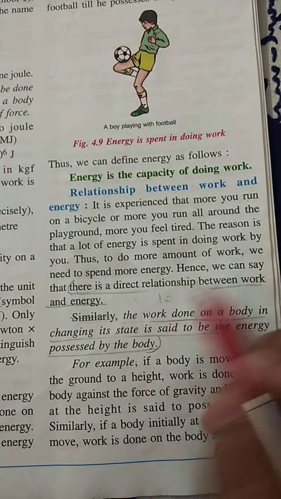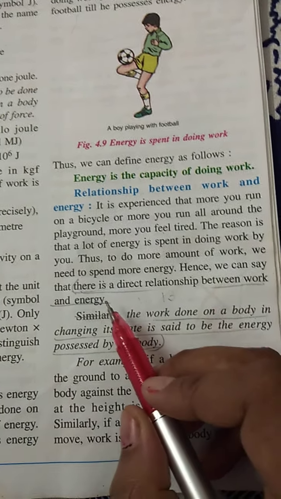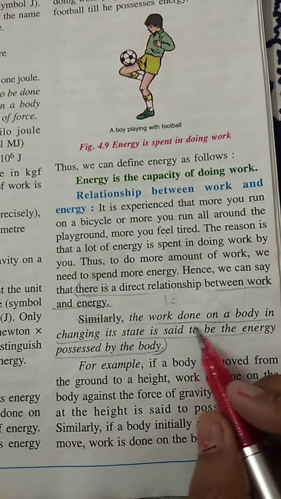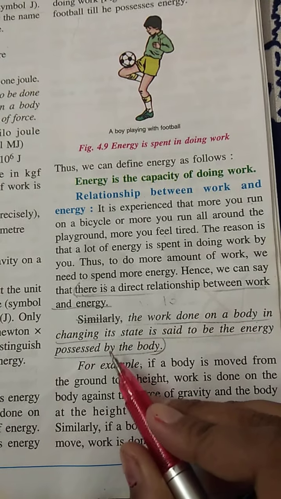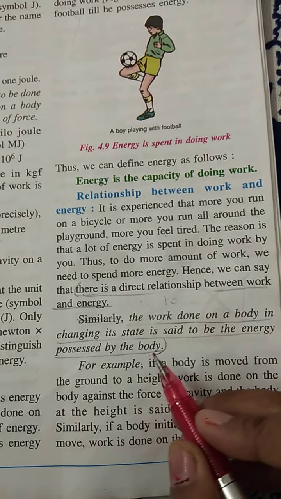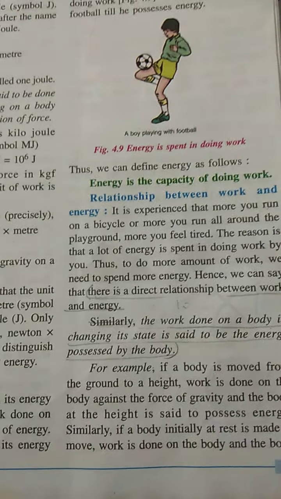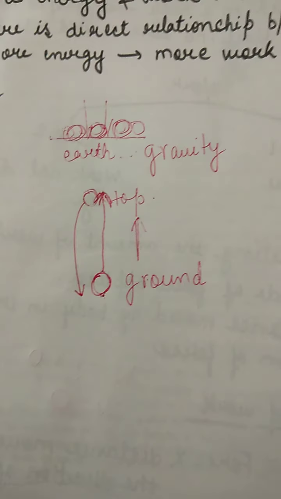Hence, we can say that there is a direct relationship between work and energy. The work done on a body in changing its state is said to be the energy possessed by the body.